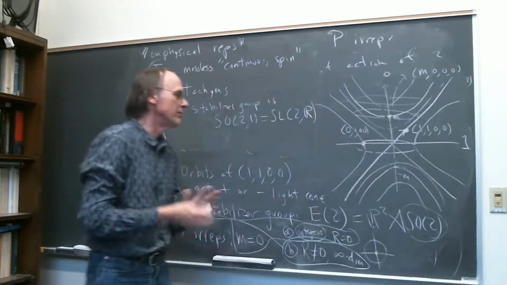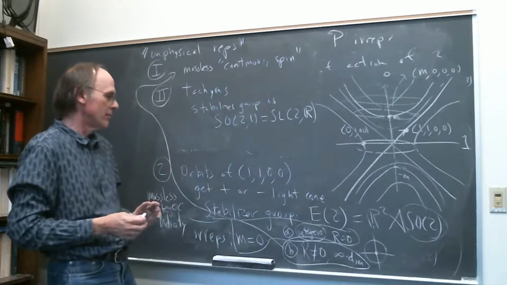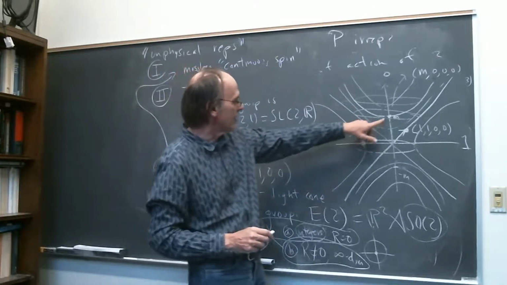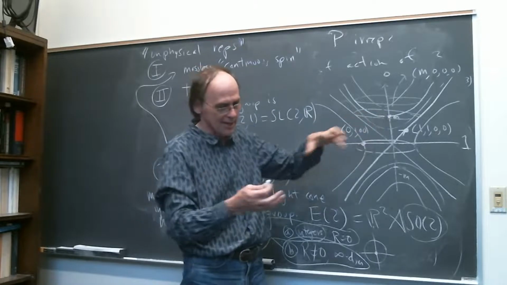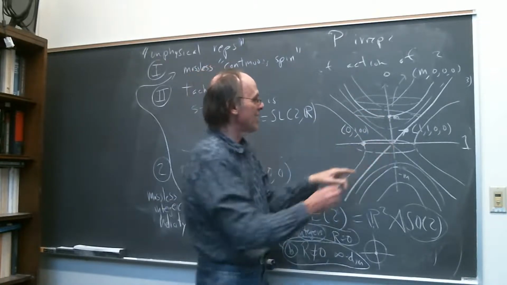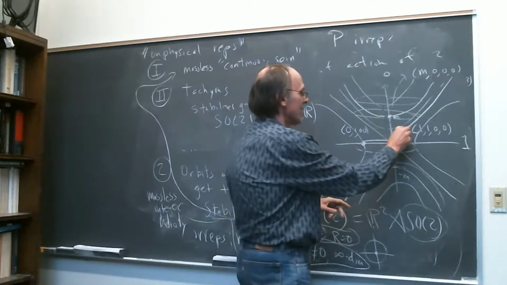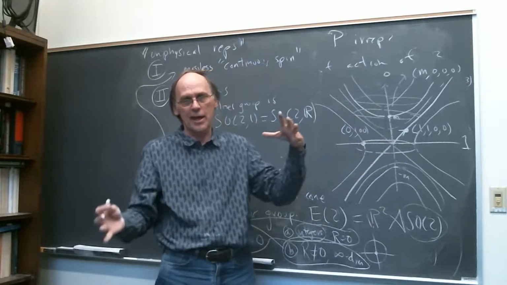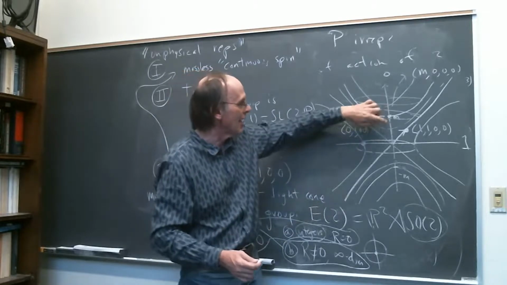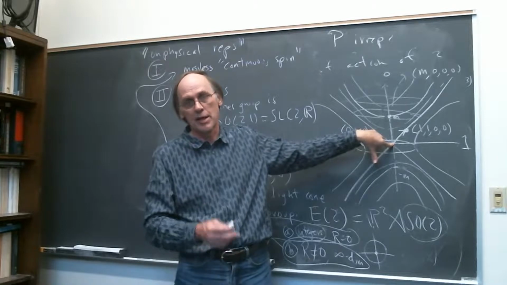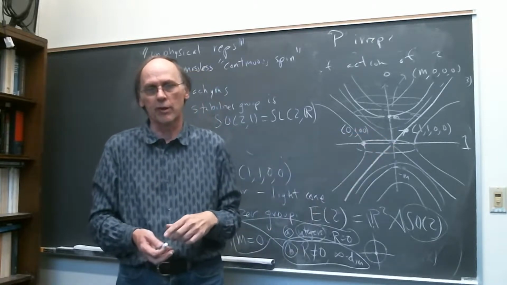But there's kind of a jump in behavior. The stabilizer group here is always SO3. The stabilizer group here is E2, and they're different groups. So something discontinuous is happening as you go to the m equals 0 limit, and you see this at the level of Lie algebras.